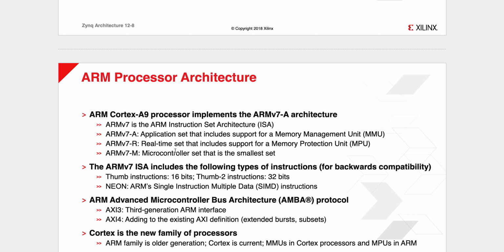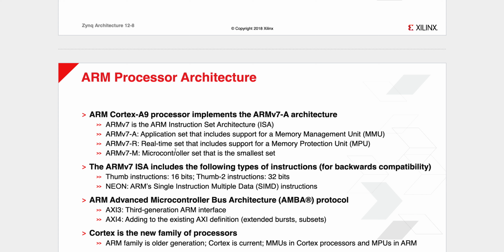The ARM v7 is the ARM ISA or instruction set architecture. The ARM v7A is the application set that includes support for the memory management unit, so the application is for MMU.